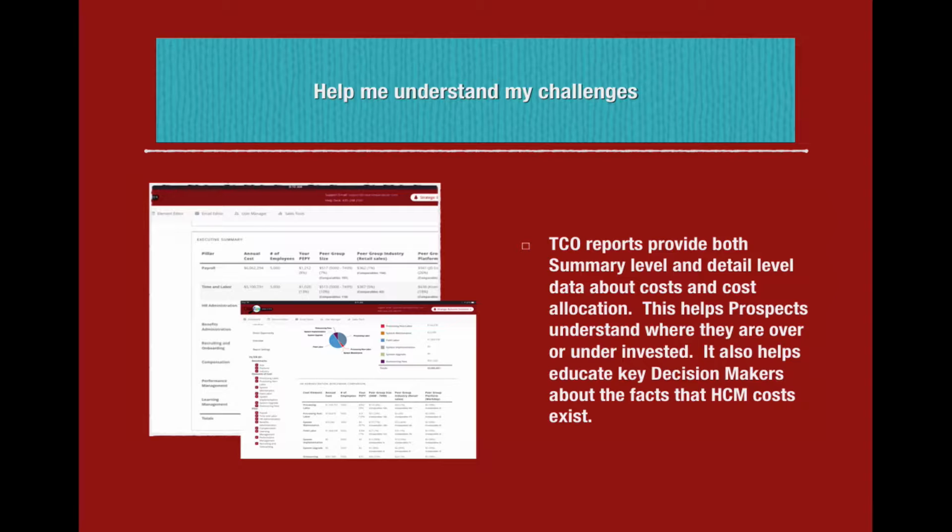We benchmark that against hundreds of studies that we have conducted, and it helps the prospects understand where they are in terms of being overinvested or underinvested. It also helps them educate key decision makers who might not understand that there are significant costs happening in the HCM area. So that's the objective of all of this.